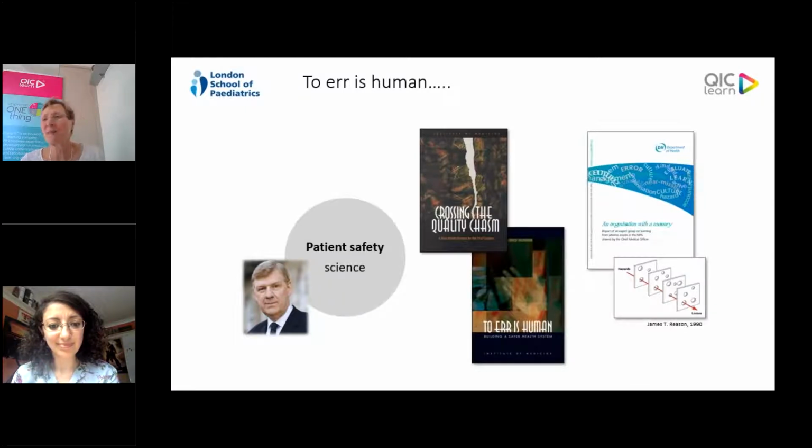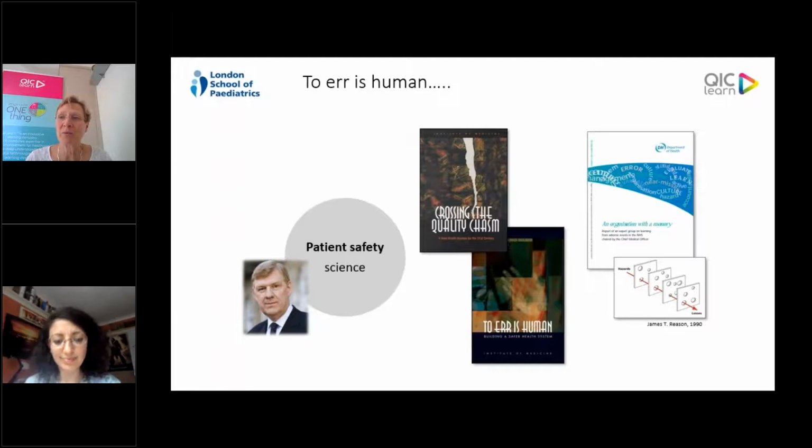So the second science is patient safety science, and this is Sir Liam Donaldson, who was the Chief Medical Officer for the UK. In 2000, he championed the introduction of the idea of human error and how that is causing harm in our health service.